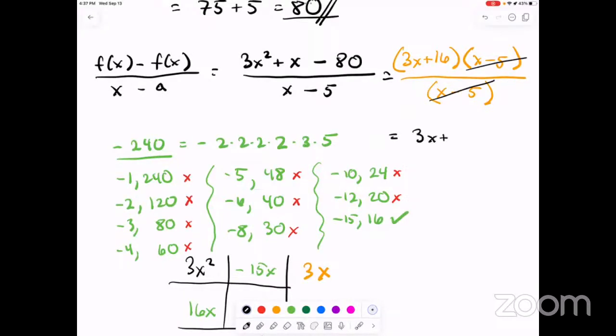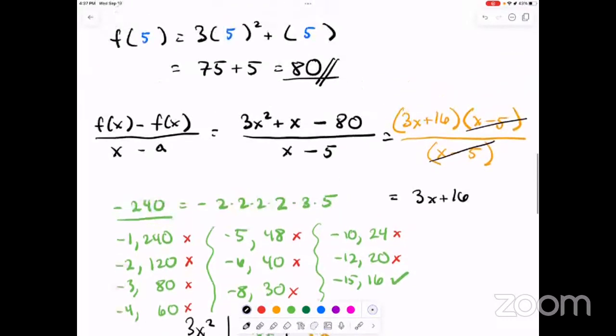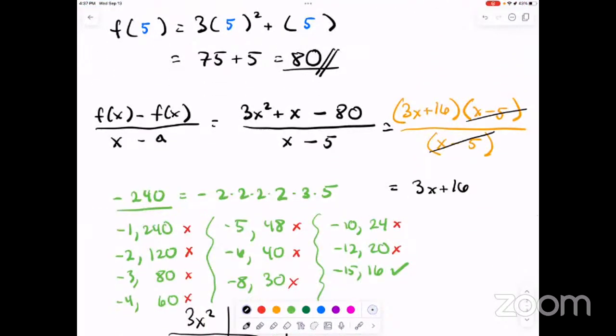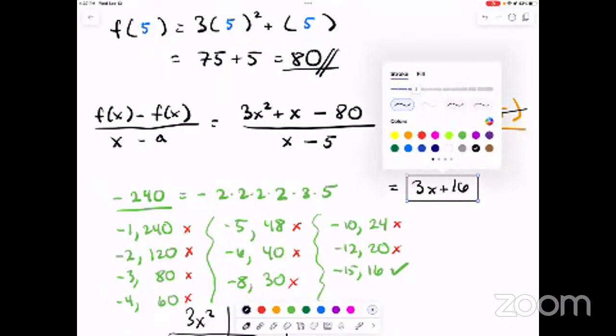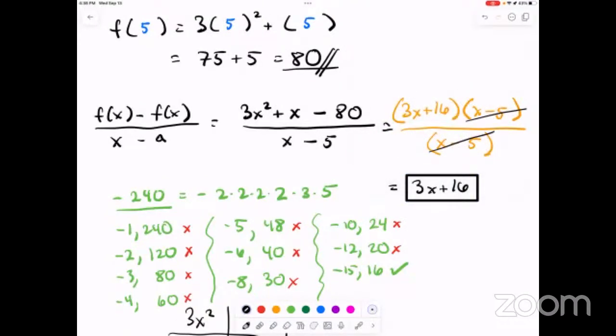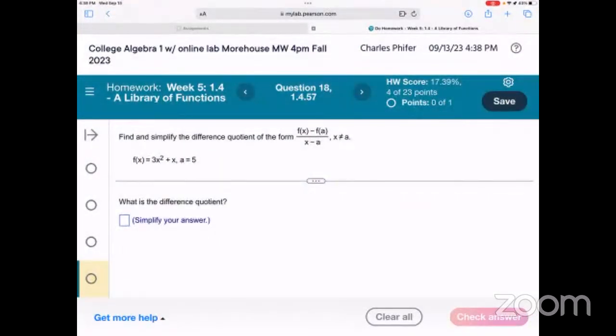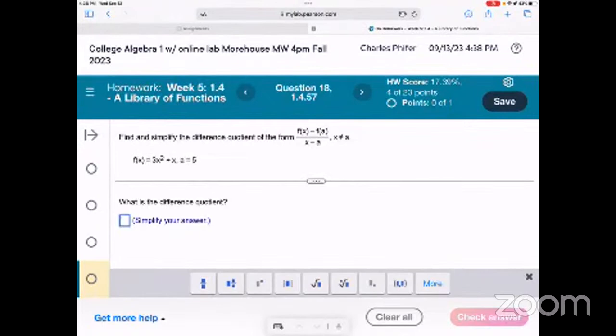Okay, we got 3x plus 16. Should it be an equation? Let's just do 3x plus 16.